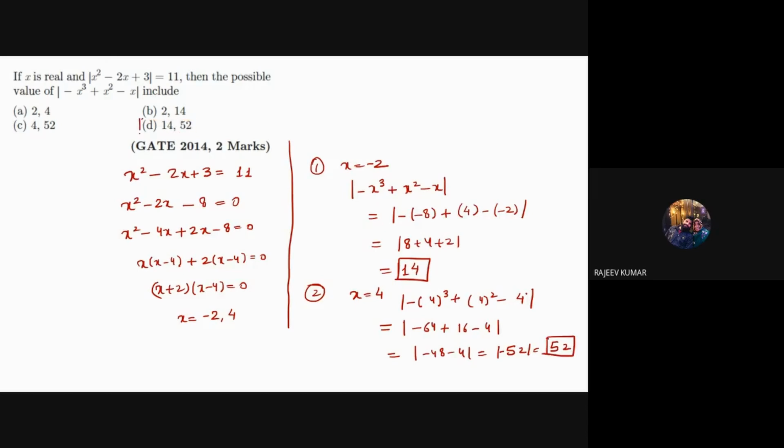Simple question है. Yes, it may create confusion कि क्या करना है, कैसे करना है, but just 1 minute.